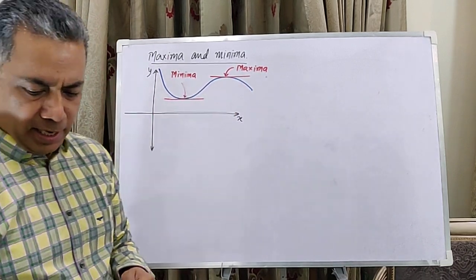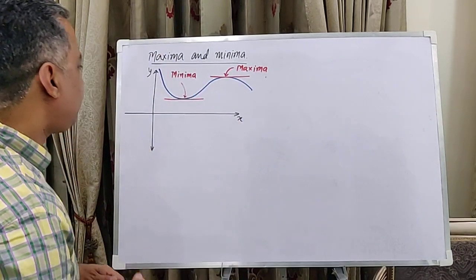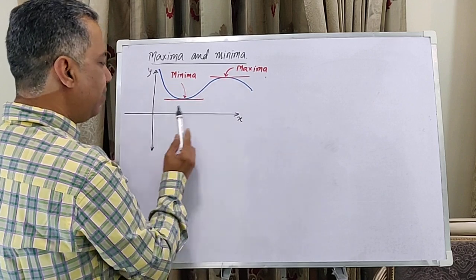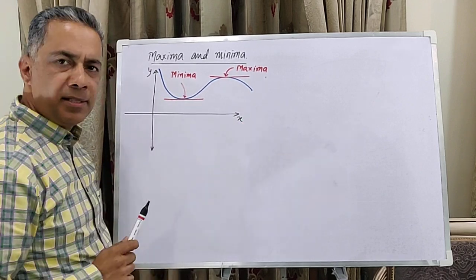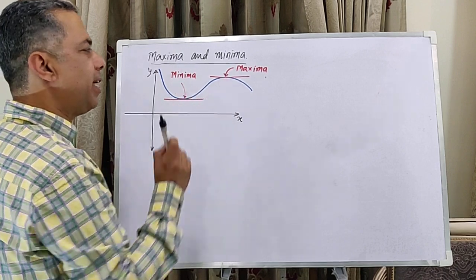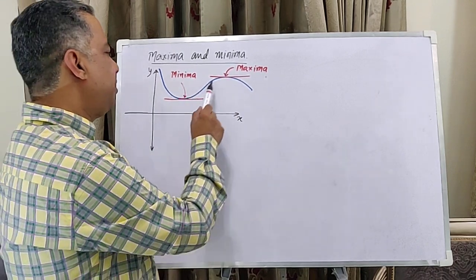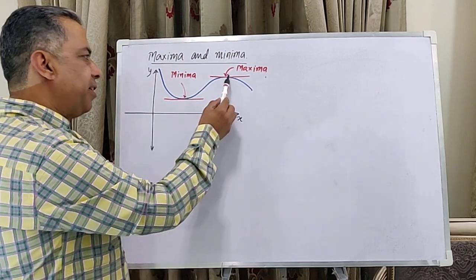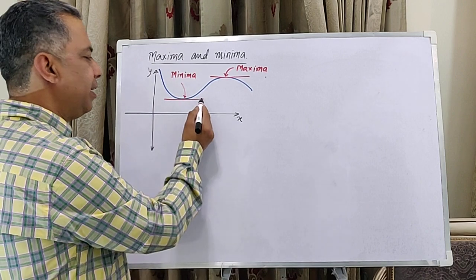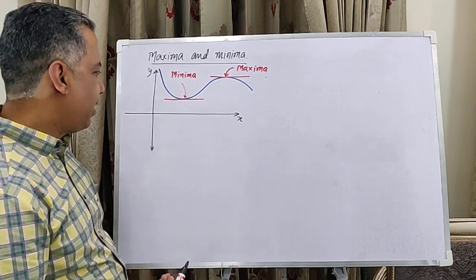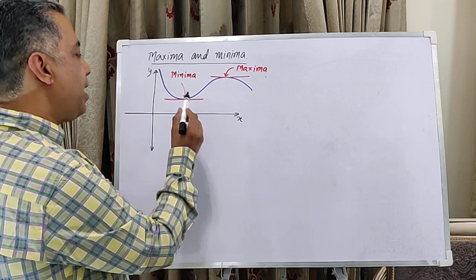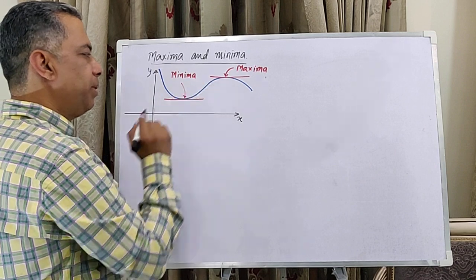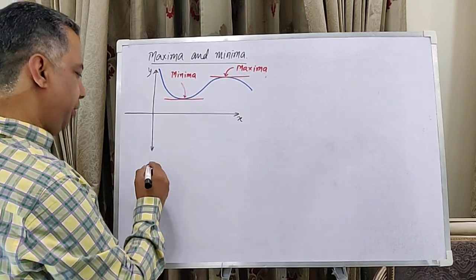Very easy to notice here now that at both maxima as well as minima, the tangents are parallel to the x-axis. And wherever tangents are parallel to x-axis, it means they make zero angle with the x-axis. And therefore, at both the maxima as well as the minima, the slope of the curve is 0.